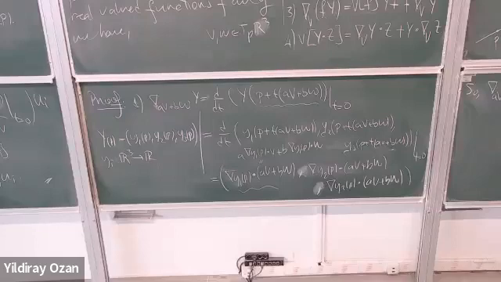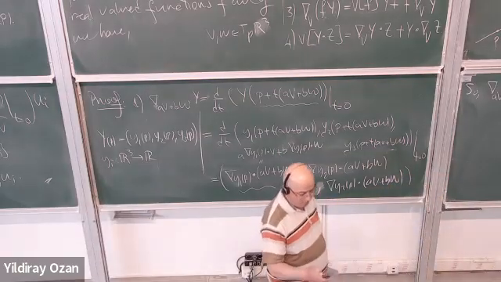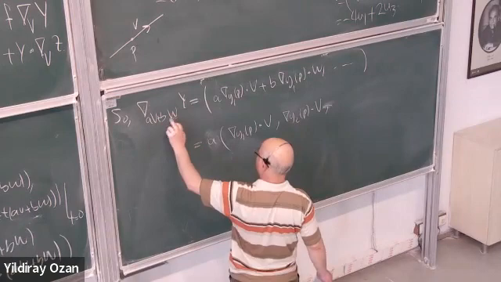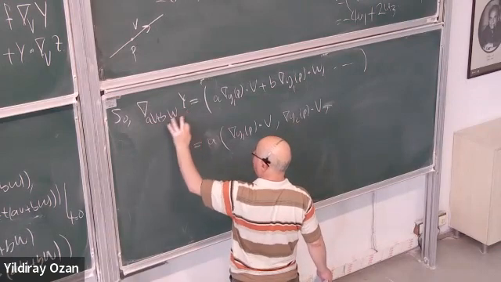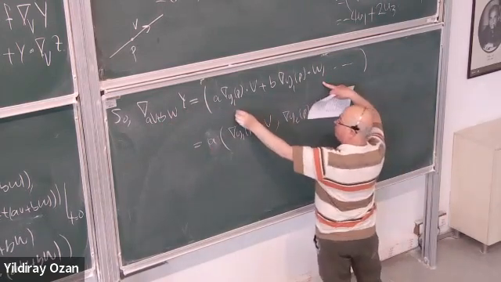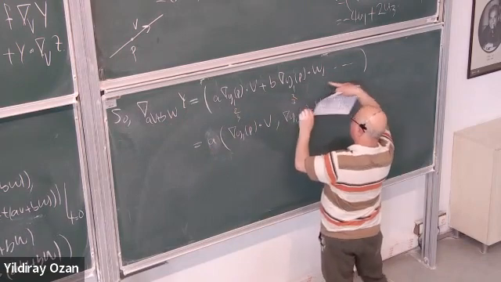I can write this as follows: A times del y1 P at V, del y2 P at V. Okay, the directional derivative of y along this vector is equal to this expression. Here I have commas, and then the same thing with y2, and then with y3.